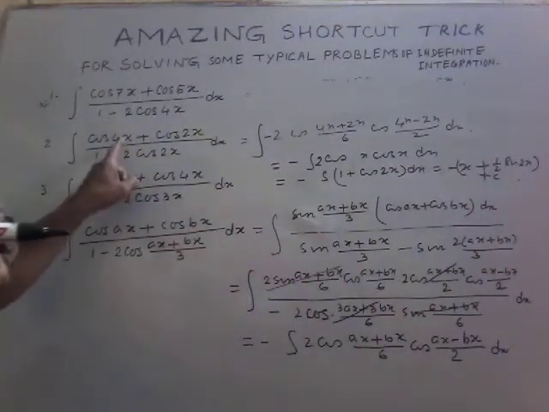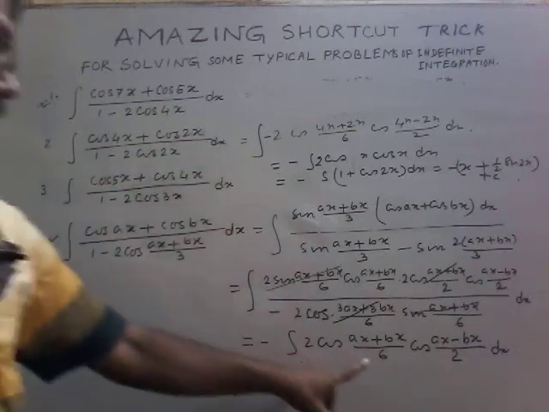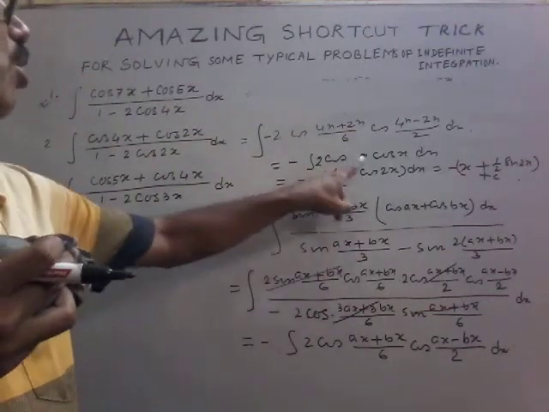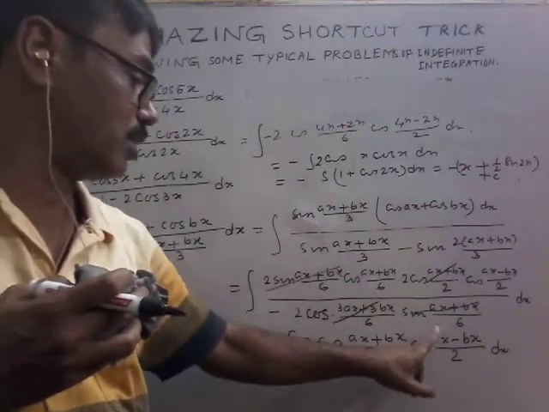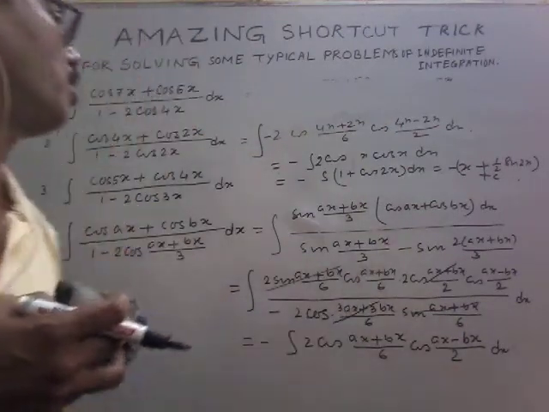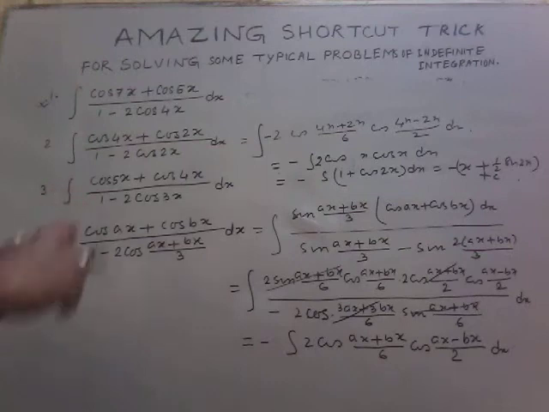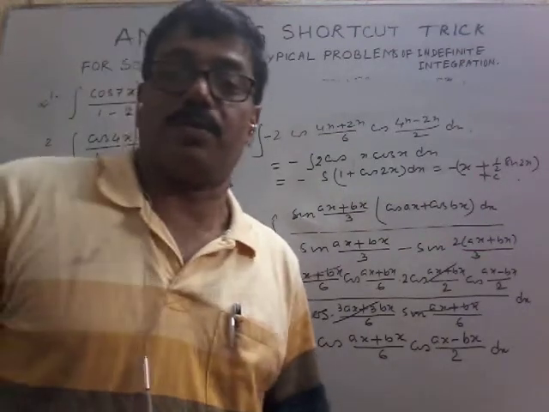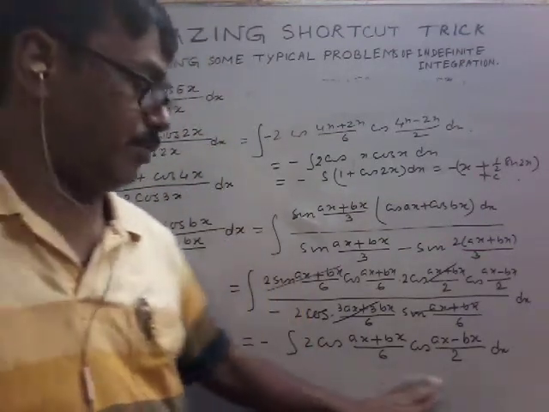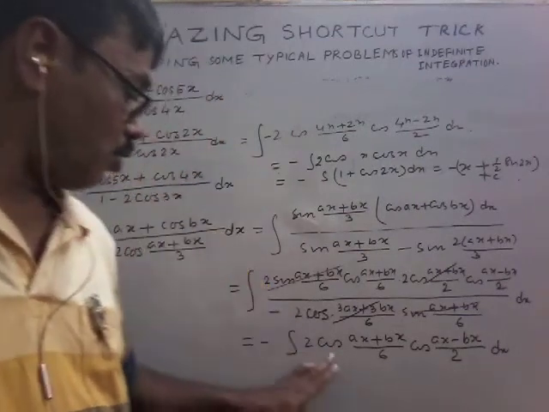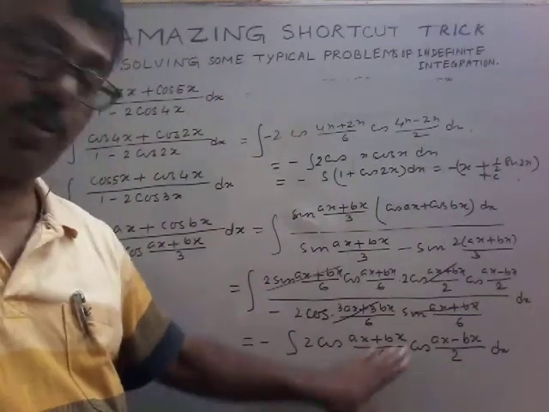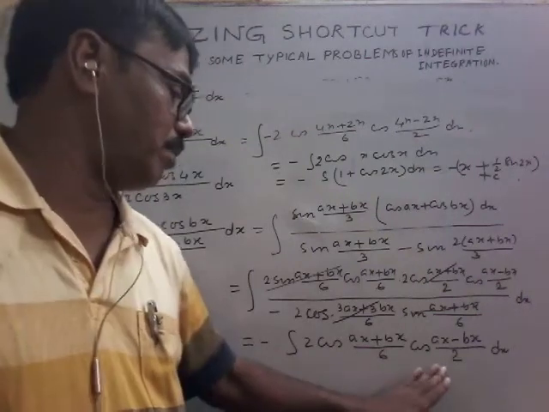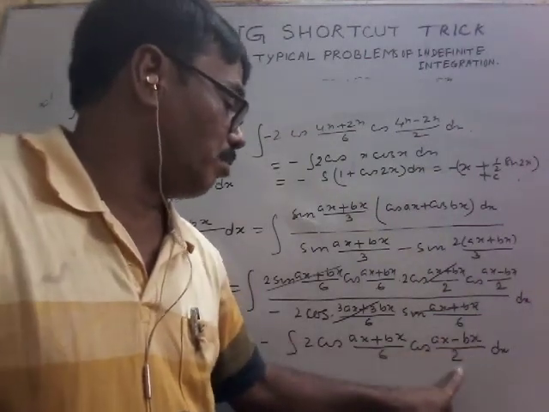We can solve this type of problem using this result. So what is the result? Sum of angles by 6; both are cosine, so it is easy to remember, but the difference is by 2.